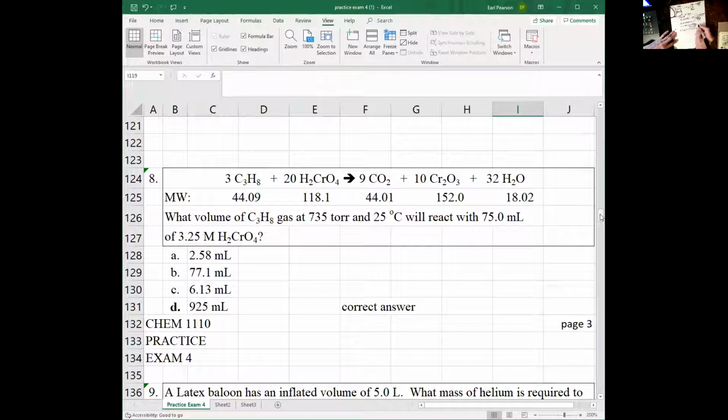The molarity of the solution in this case is 3.25. And that'll be moles. The equation is showing 20 moles. Now we want to know what volume of this. So again, we're going to first find out the number of moles.